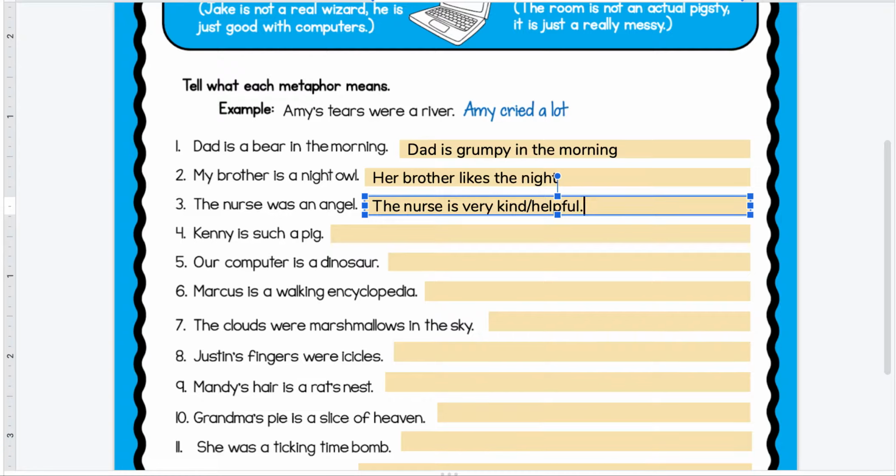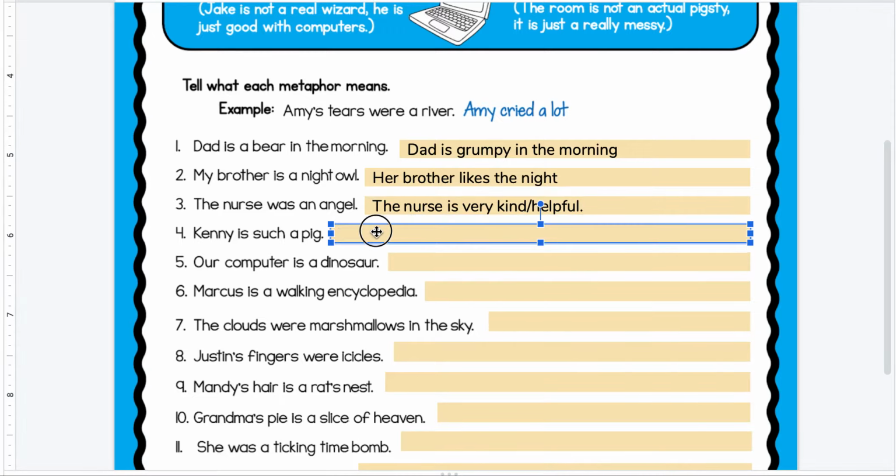Remember when we're analyzing these metaphors, using them in context is really important. It varies on what you might want to say here, but basically I'm going to say Kenny is a slob, right? He doesn't pick up after himself. He's messy. He's a pig.